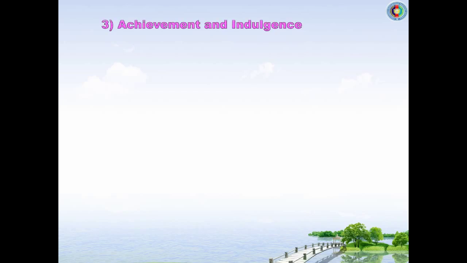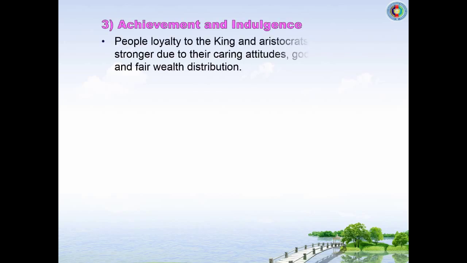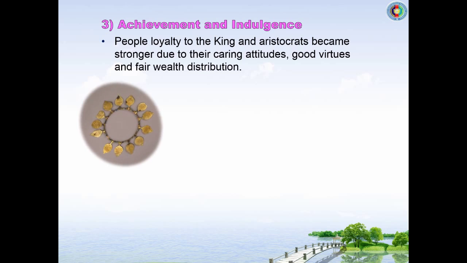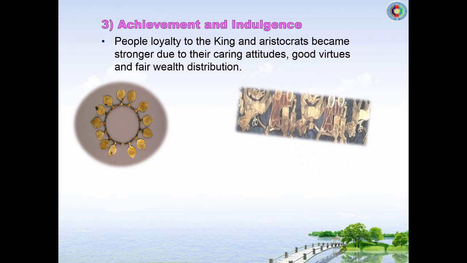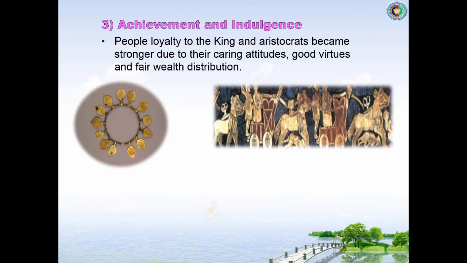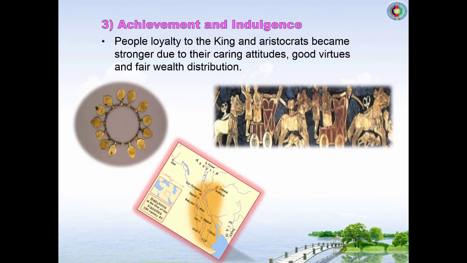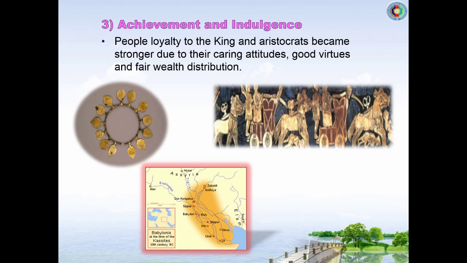Third, achievement and indulgence. At this stage, the glorious achievements were attributed to people's loyalty, which enabled the king and aristocrats to accumulate wealth and enjoy the success, build monuments and distribute gifts to the people. People's loyalty to the king and aristocrats became stronger due to the caring attitudes, good virtues, and fair wealth distribution.